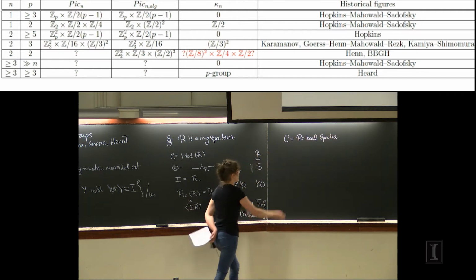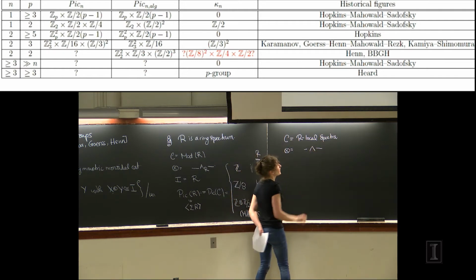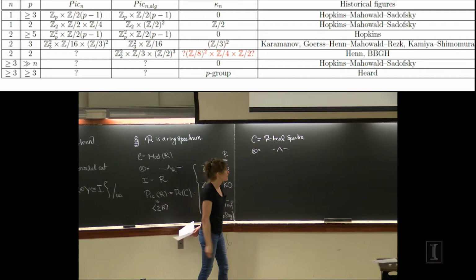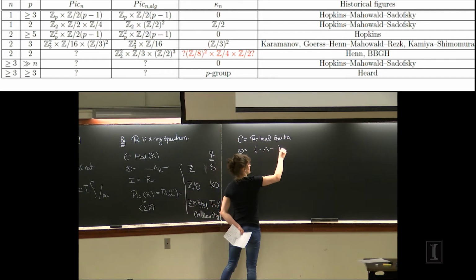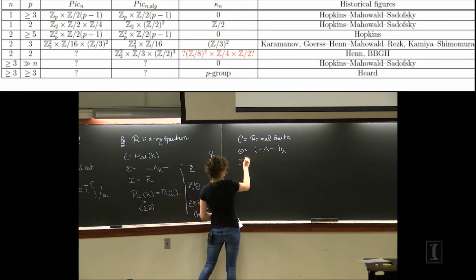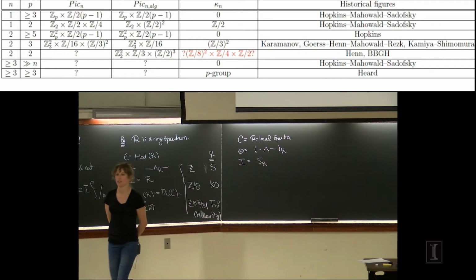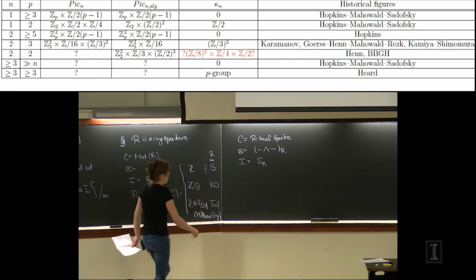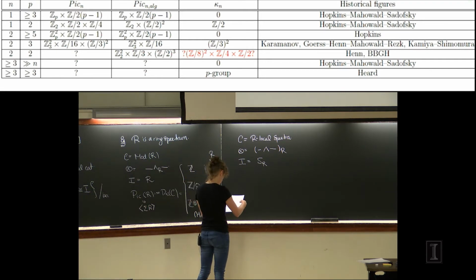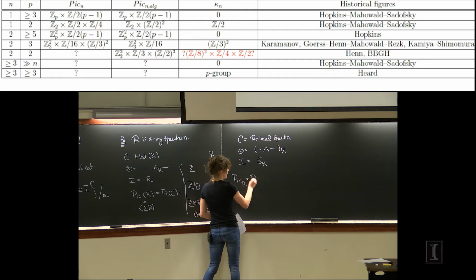Now the monoidal product is you smash, but this may take you out of the category of R local spectra, so you relocalize. And then the unit object is going to be the sphere localized at the spectrum R. In this case, I'll write Pic sub R for the Picard group of this category.